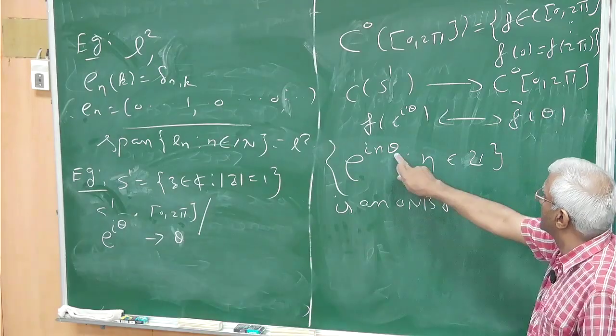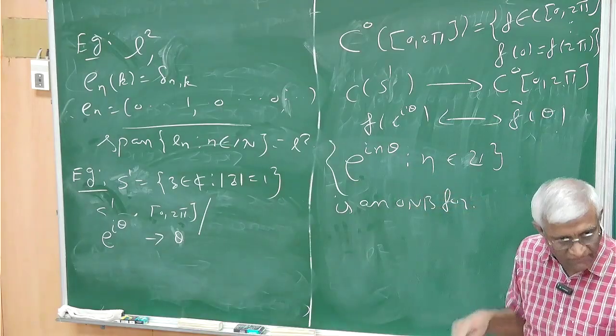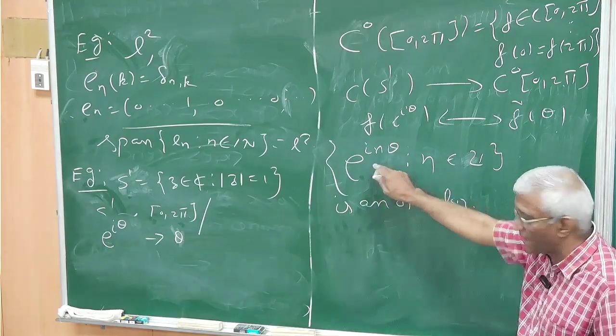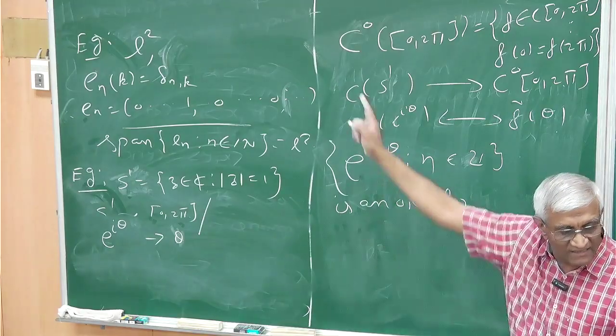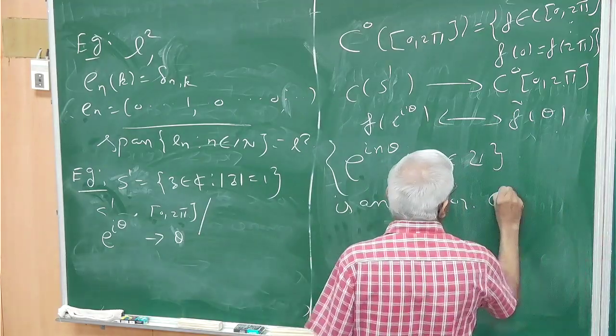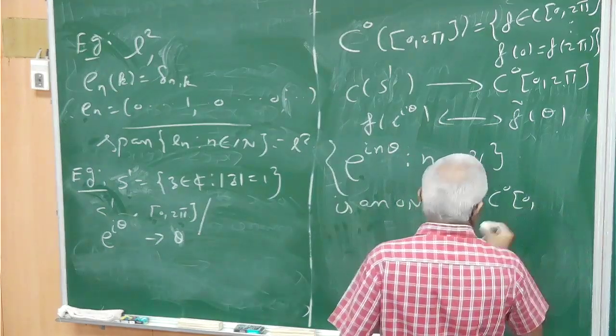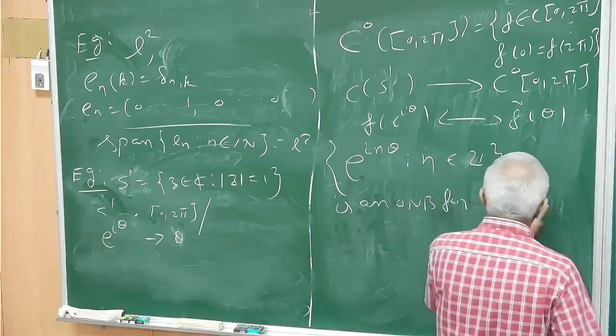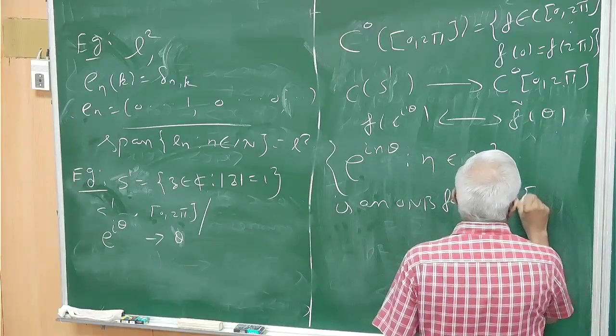This function theta going to e power i n theta, which is z power n, is an orthonormal basis for C0; actually C0 closes up to L2 of 0 to 2 pi.